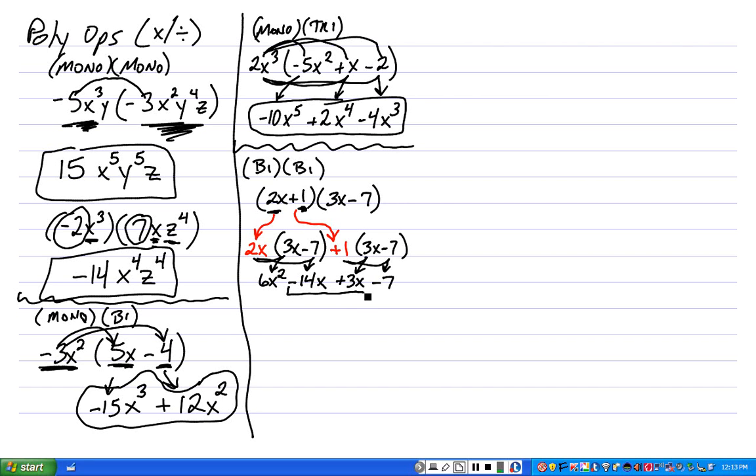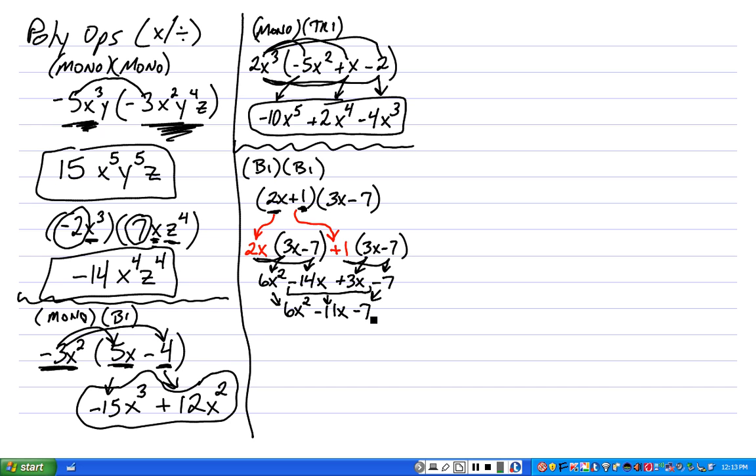Here, this negative 14x and this positive 3x are like terms. So you bring down your 6x squared. Combining the negative 14 and the plus 3 leaves you with negative 11x, and then you bring down your minus 7. So your answer is 6x squared minus 11x minus 7.